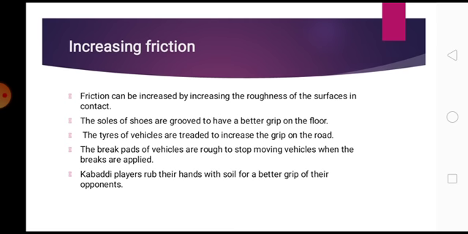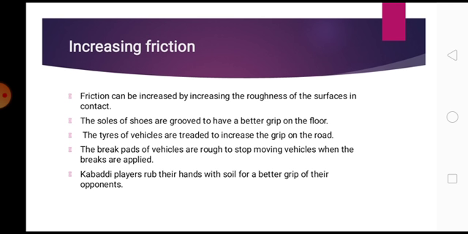So next is increasing friction. How can we increase friction? Let's see. Friction can be increased by increasing the roughness of the surface in contact. The soles of shoes are grooved to have a better grip on the floor.